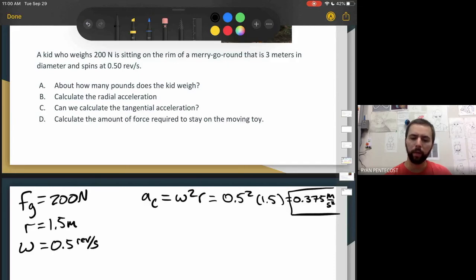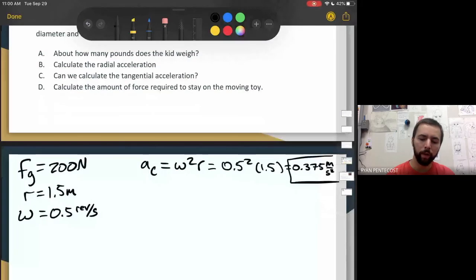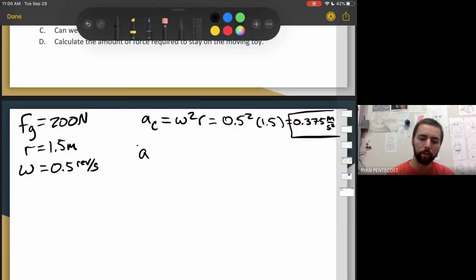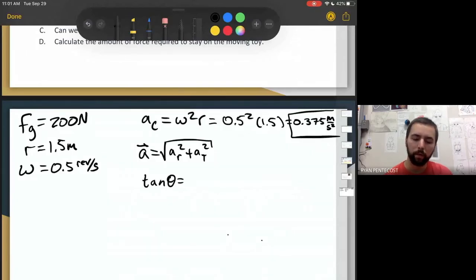Now, can we calculate the tangential acceleration? Well, let's see. Our equations that we have for tangential acceleration are the Pythagorean theorem, and then we have tangent theta. But that doesn't help us here.